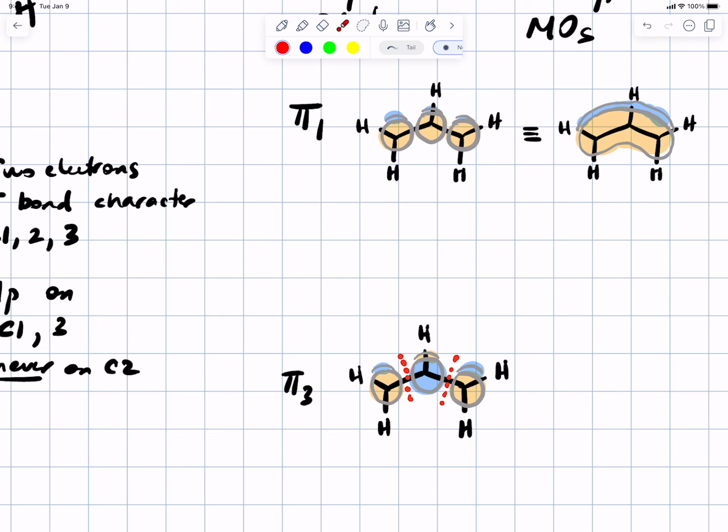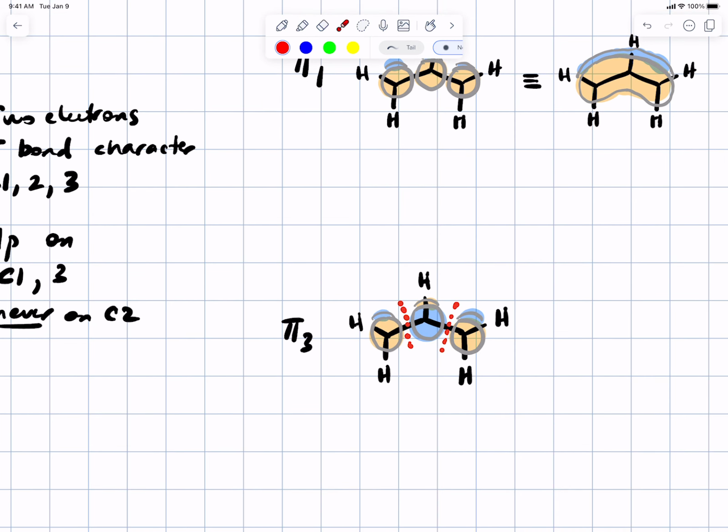So pi 1 has no nodes that are perpendicular to the page. Pi 3 has 2 nodes that are perpendicular to the page. So it makes sense that pi 3 is higher in energy than pi 2, right? That's also why I called it pi 3. So there should be a second pi orbital.